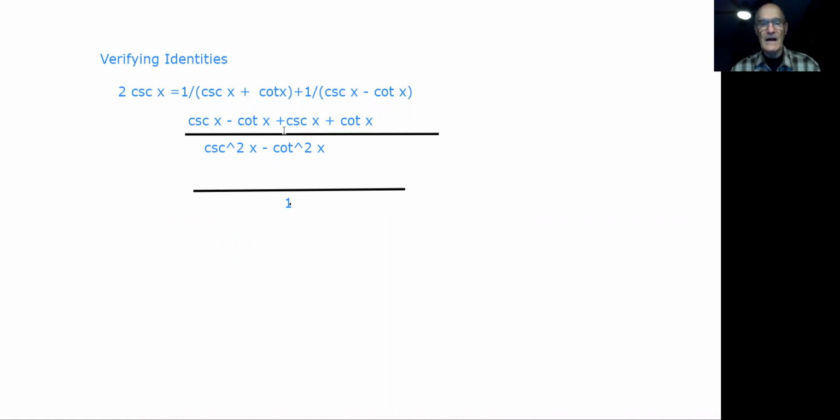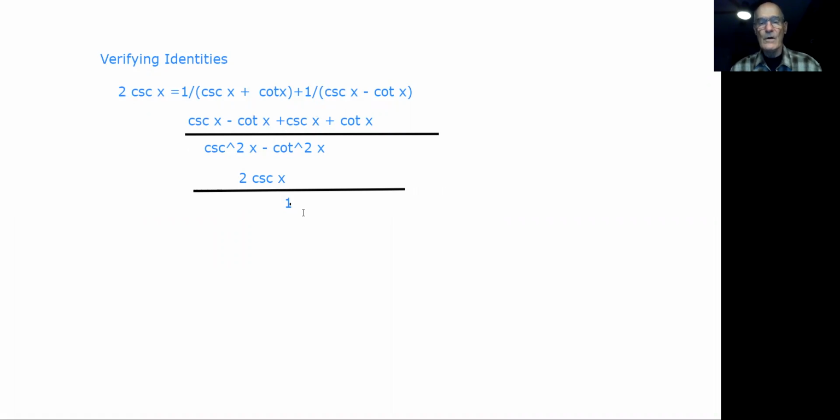And what we get up top, when we have cosecant x plus cosecant x, we end up with 2 cosecant x. So if you'll notice now, what we have done is we have shown that the right side is equal to the left side. 2 cosecant x equals 2 cosecant x.